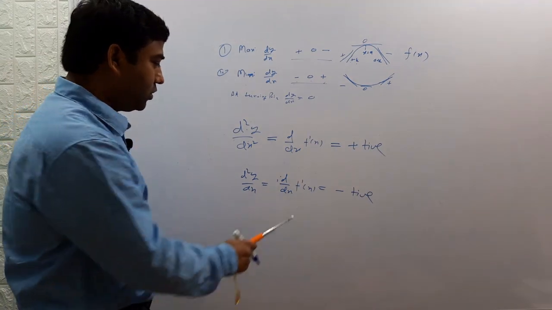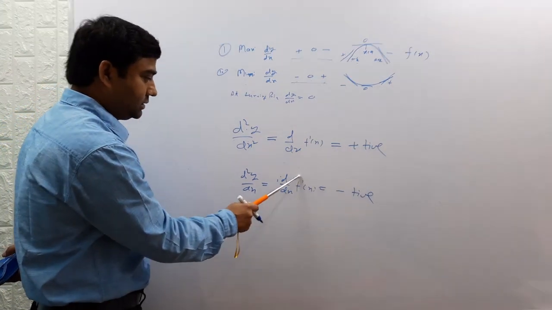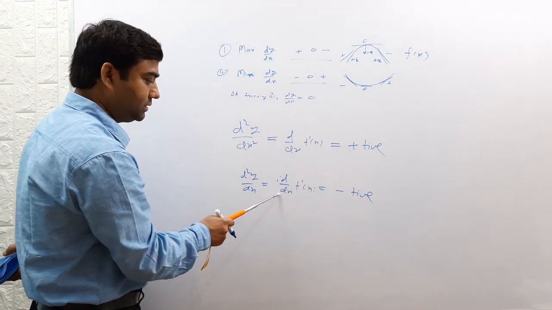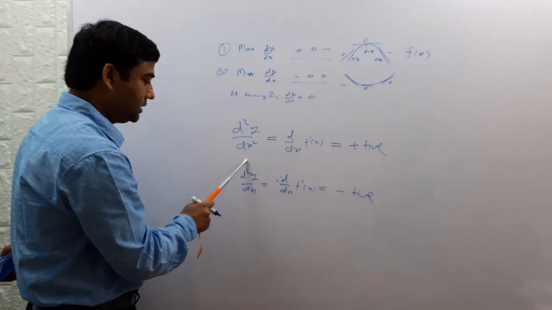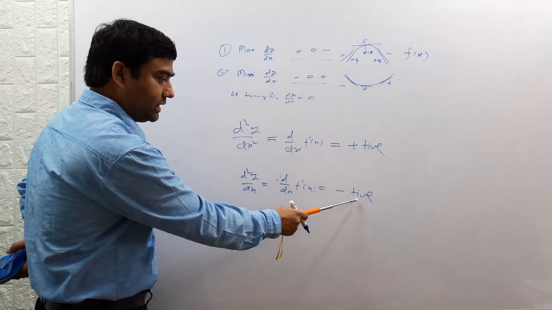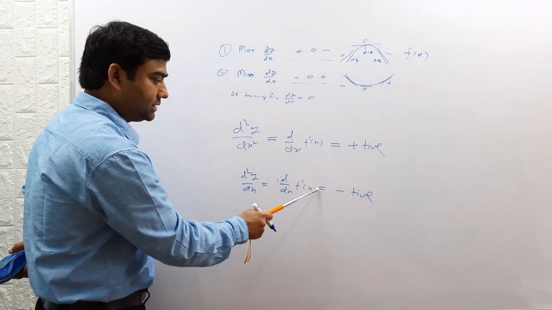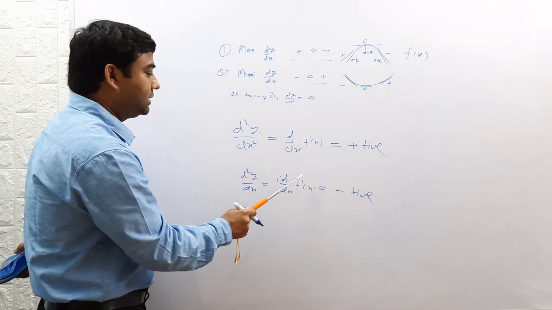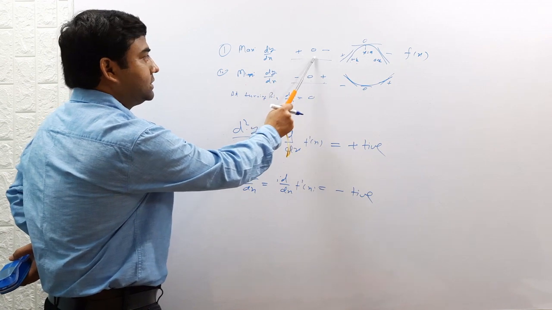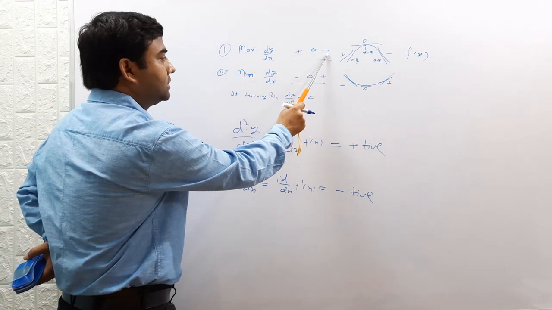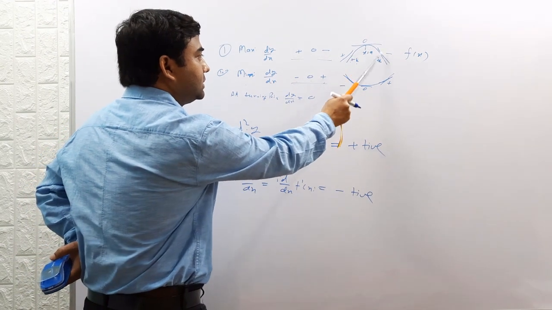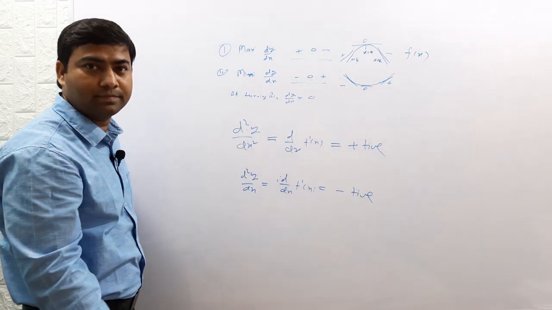So if the second derivative is negative, that means f dash x is a decreasing function, the case plus 0 minus. If f dash x is a decreasing function, that means the actual function has a maximum.